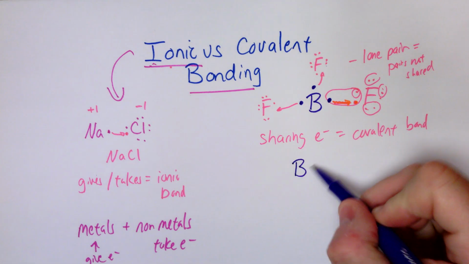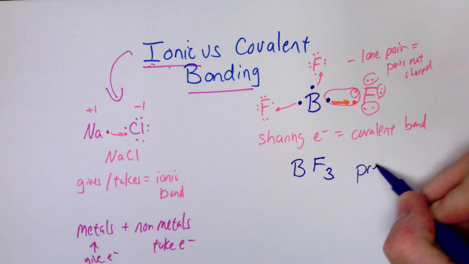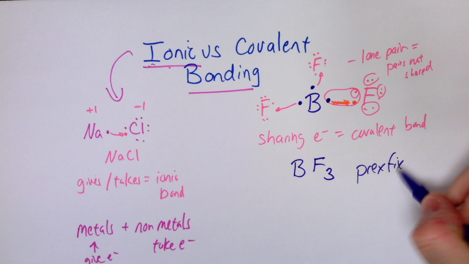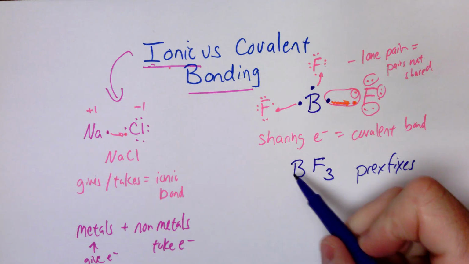The formula here ends up BF3. We got 1 boron and 3 fluorines. This is where we're going to start to use what you saw before, our prefixes, where we use a prefix to denote the number of atoms of that element that are in the compound.